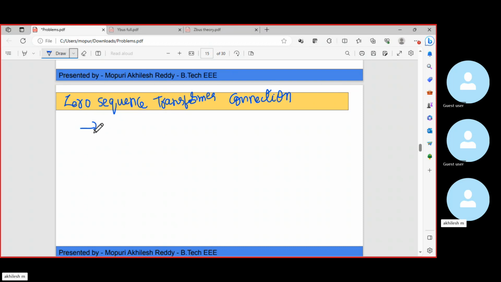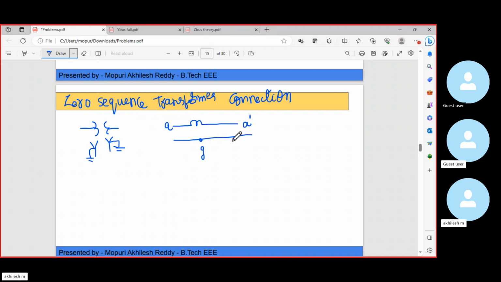If the transformer is connected star with the neutral grounded on the primary side and star with the neutral grounded on the secondary side, then it should be replaced with a diagram like this: A and A dash with a ground point, the common ground.